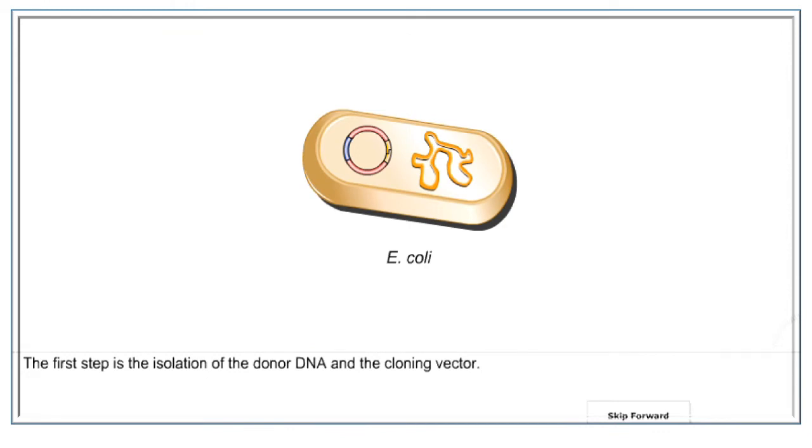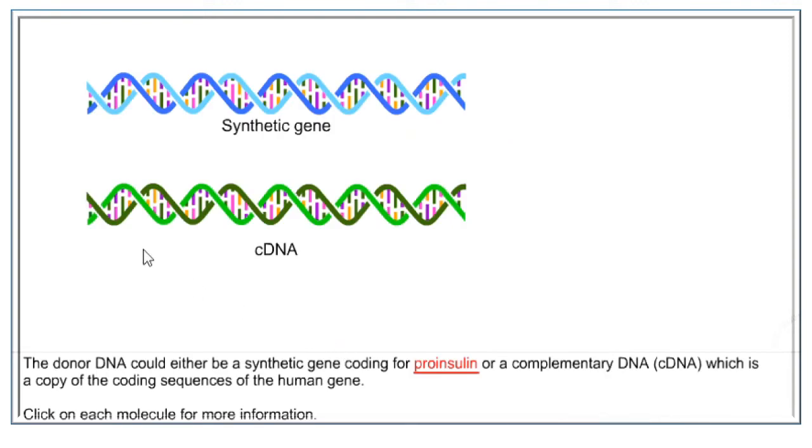Okay, so the first step is isolation of the donor and cloning vector. The donor is either a synthetic gene, a genomic DNA, or cDNA, which is a copy of the coding sequence of the human gene.